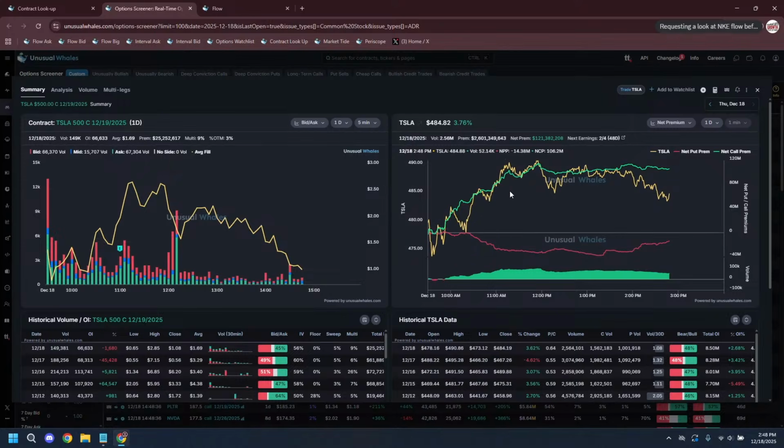So ask side activity in the morning on Tesla on the call side, bid side activity suggesting that people are selling puts that they own or writing new puts, with the call line going up. The assumption being people are either closing their short calls or opening new long calls. Again, the bid and the ask are not guarantees of buy sell activity, contrary to the popular belief that is peddled frequently. So just something to keep in mind always.